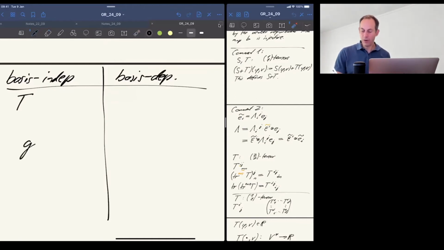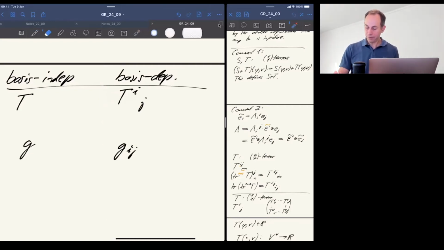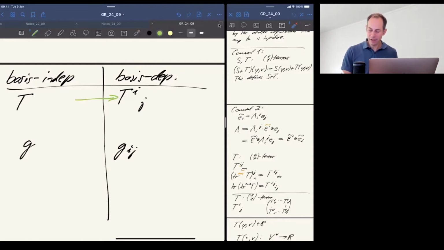Now, on the right-hand side, I have basis-dependent statements. So I have something like T^i_j or G_ij. The connection is made via the basis. If I want to know how they are related, I need to remind myself that T is equal to T^i_j, the coefficients, times the basis elements.